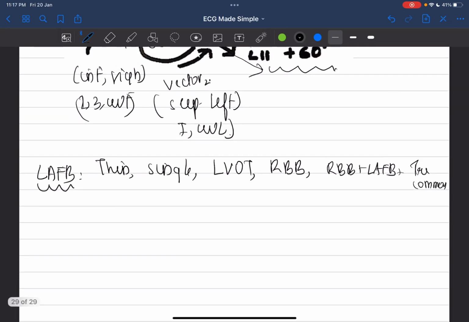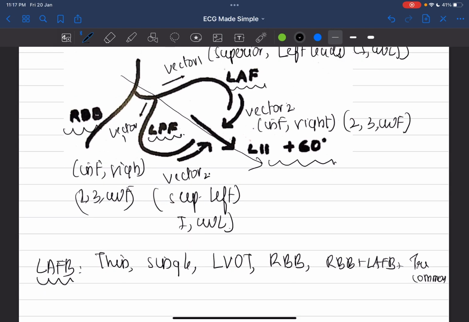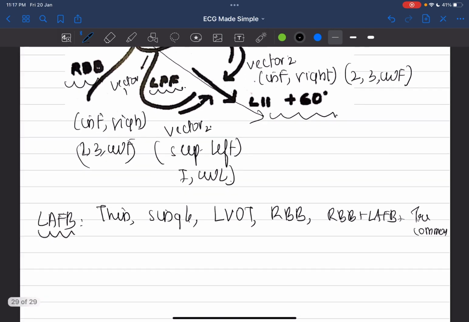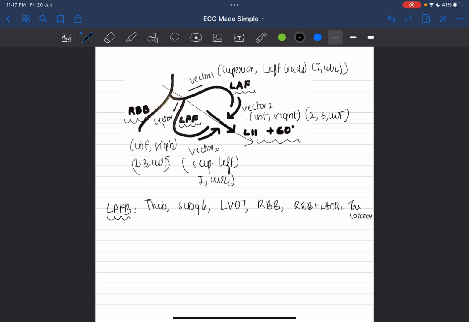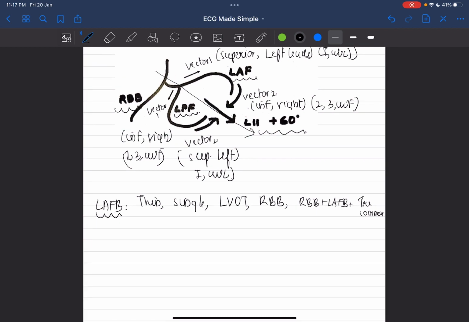So in LAFB, what happens when the left anterior fascicle is blocked? Consider this: the left anterior fascicle is blocked, so this will not happen, and only the left posterior fascicle will conduct. The first vector will go inferior and to the right. So leads 2, 3, and aVF will have a positive deflection, a small R wave.